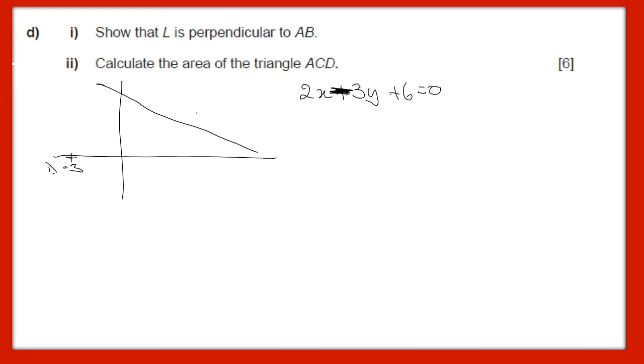Did think for a minute I was going to do something silly there. We all make mistakes. So 2x minus 3y plus 6 equals 0. So therefore, if I rearrange that, I'll get that 2x plus 6 is equal to 3y. And therefore, that will give me that y is equal to 2/3 of x plus 2. So my intercept is at 2.